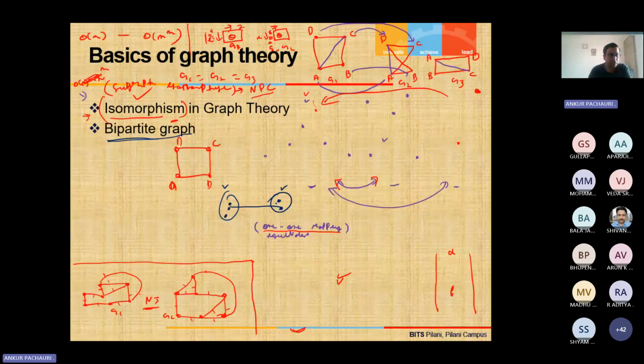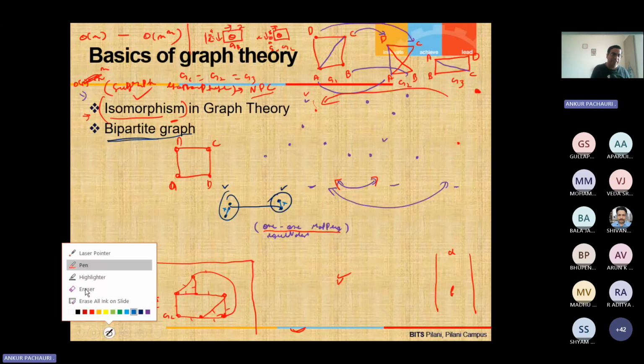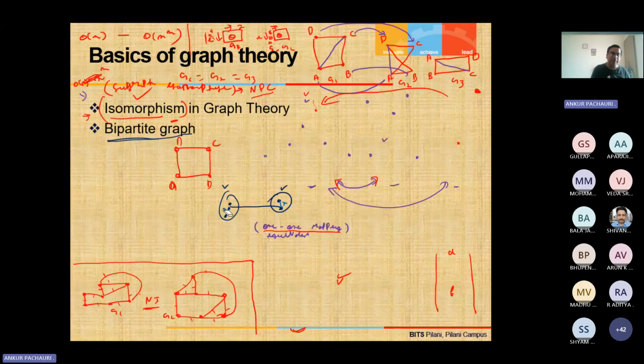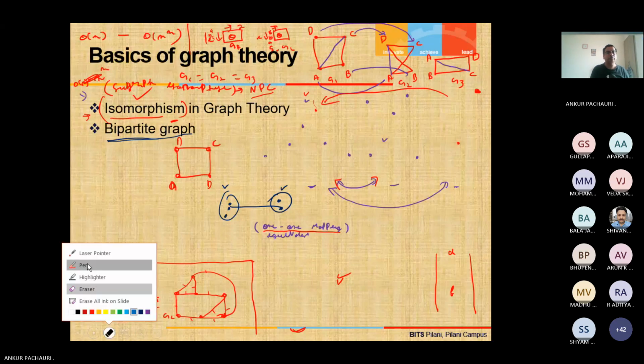The hidden definition behind this is key: the nodes of the same set cannot be connected together. If there is an edge, it has to be from one set to another, not between nodes of the same set. If this condition is satisfied, then that graph is called bipartite. Clear?